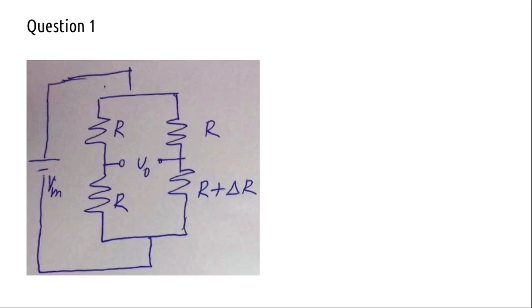V output you can write in terms of R and delta R, like that is (R plus delta R) by (2R plus delta R) minus 1 by 2, whole multiplied by V in. Right? Is it?